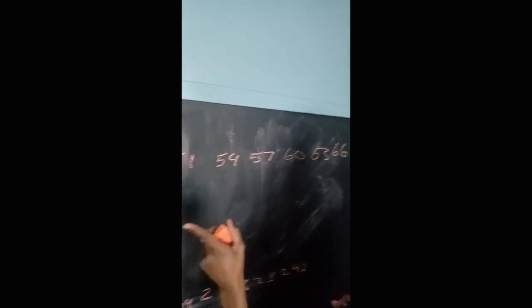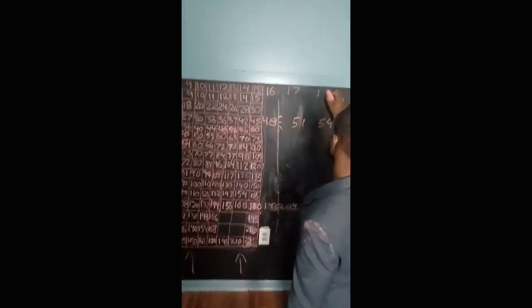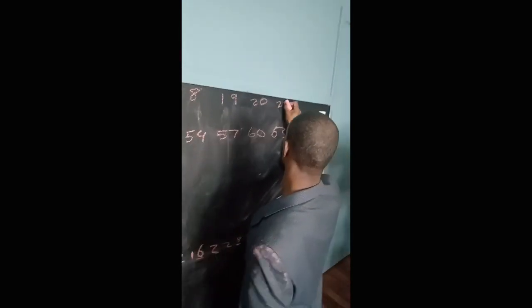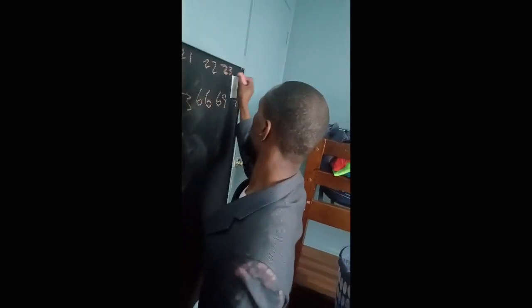There's a pattern there, but these are the correct answers because you have the 17 multiple, 18 multiple, 19 multiple, 20, 21, 22, 23, and the 24.